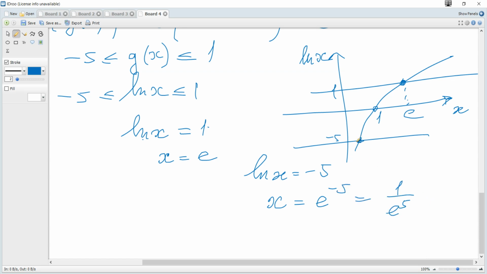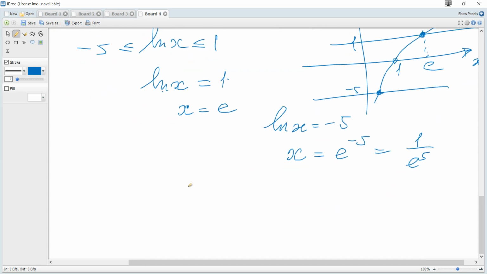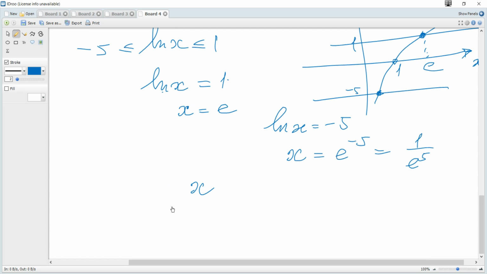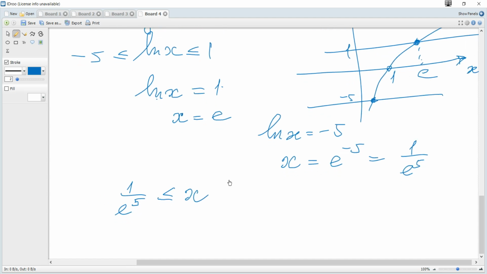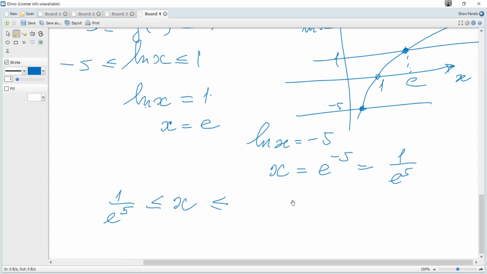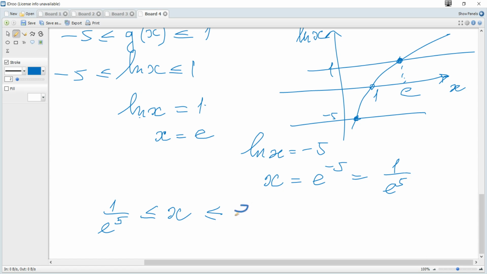It's some point close to 0, and hence x is greater or equal than 1 over e to the power of 5 or e to -5, it doesn't matter, and less or equal than e.